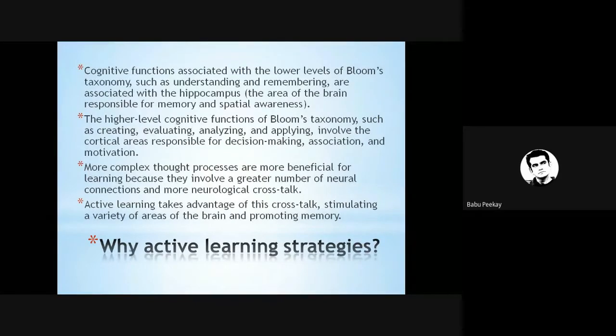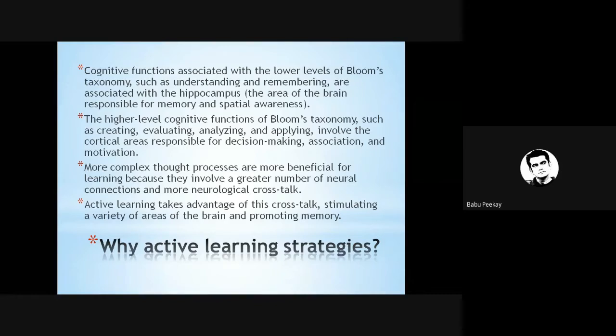Okay. So I'm talking about how the brain functions. I'm trying to connect neuroscience on the one hand and Bloom's taxonomy on the other hand. To quickly summarize, cognitive functions related to lower level of Bloom's taxonomy, like understanding and remembering, are connected with hippocampus.